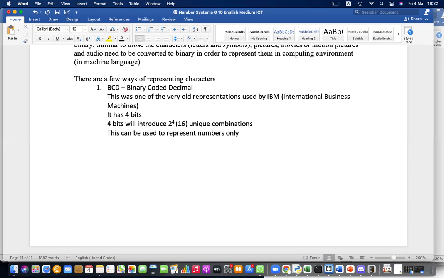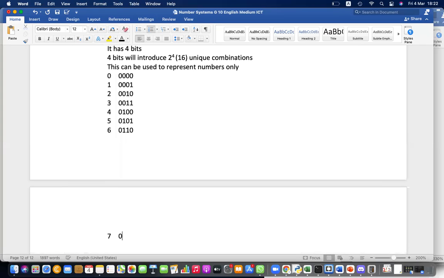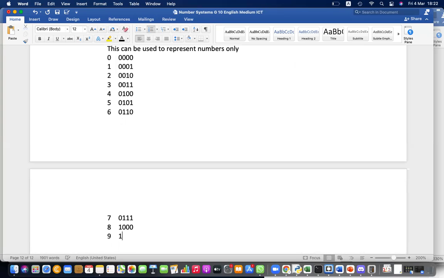Instead of 0, there is some code. 0 is represented by using 4 zeros. 1 is represented by using 0001. 2 is represented by using 0010. 3 is 0011. 4 is 0100. 5 is 0101 and 6 is 0110. 7 is 0111 and 8 is 1000 and 9 is 1001.